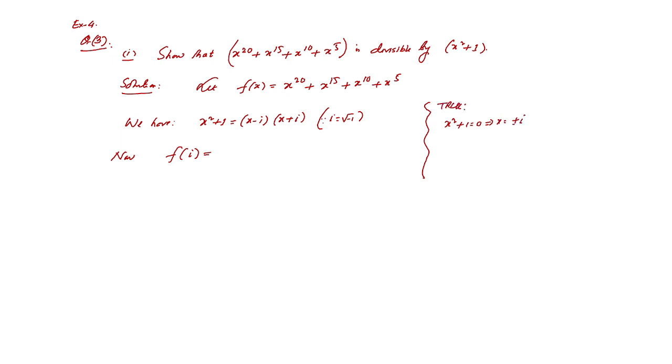So what is f(i)? i to the power 20 plus i to the power 15 plus i to the power 10 plus i to the power 5. You know i is root under minus 1, so i square is minus 1, i cube is minus i, and i to the power 4 is 1.